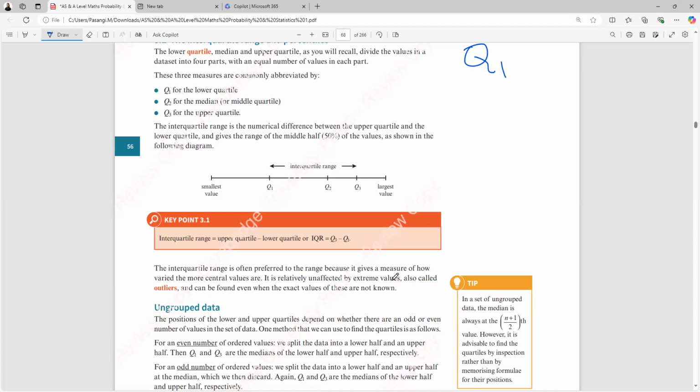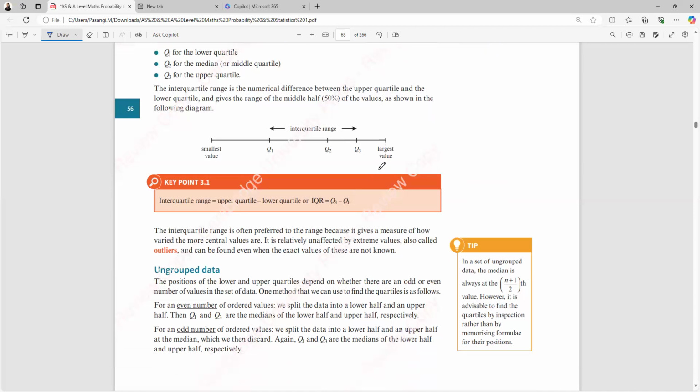Another name for these extreme values is outliers. Outliers can be found even when the exact values of these are not known. Though we don't know the actual values, we can identify what the outliers are as well because of these quartile ranges.